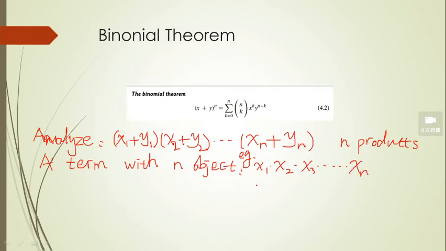So in this case, you all choose x in each parenthesis. So how many terms like this one are we going to get? How many terms? This is a little abstract compared to some specific examples we talked about before, okay? How many terms are formed like this one?